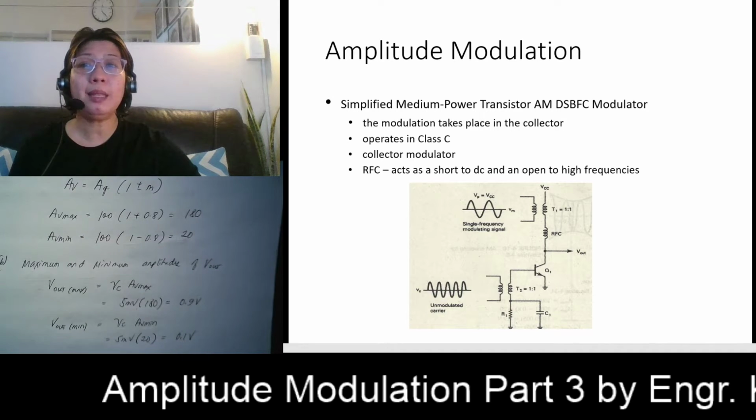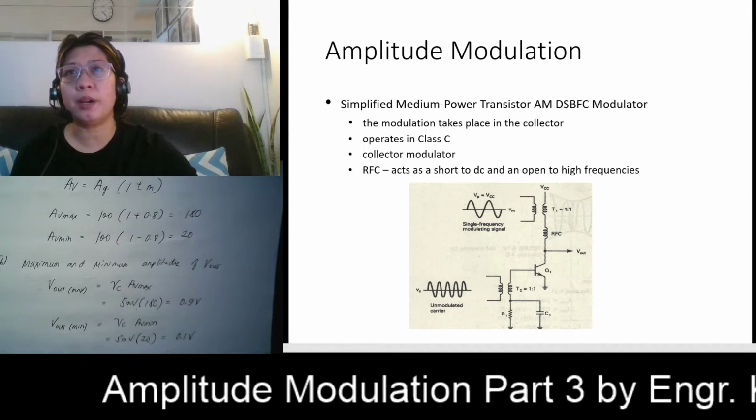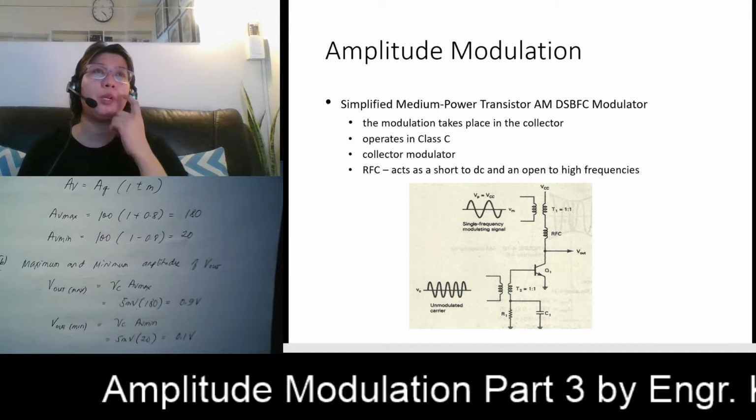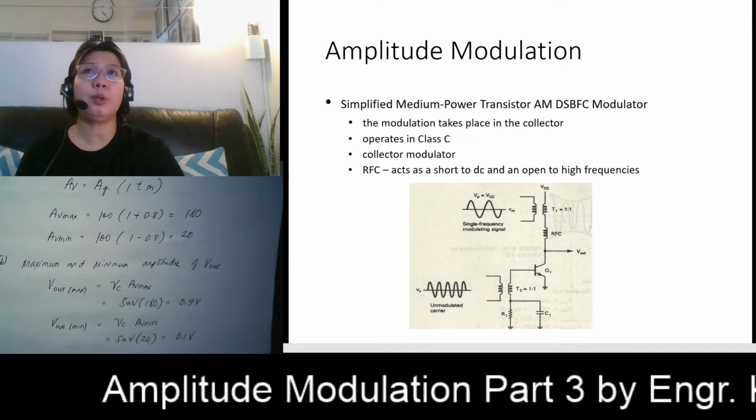But in the mid-70s, solid-state transmitters have been available with output powers as high as several thousand watts. Several final power amplifiers in parallel are connected such that their output signals combine in phase, thus they are additive. So this type of medium power transistor modulator is called a collector modulator.